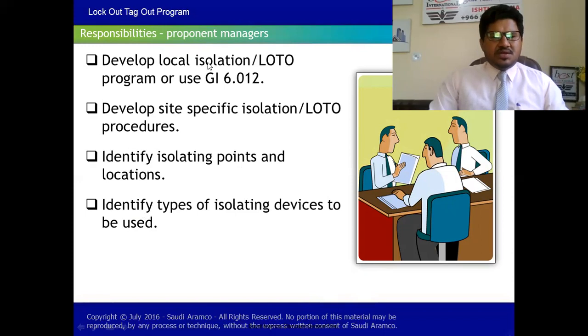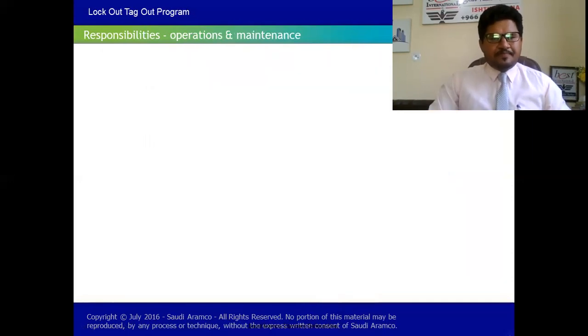As a summary, four important words: program, procedures, isolating points, and of course the devices. They need to identify which type of isolating devices we can use, on solid ground, as per Saudi Aramco standards or international standards.